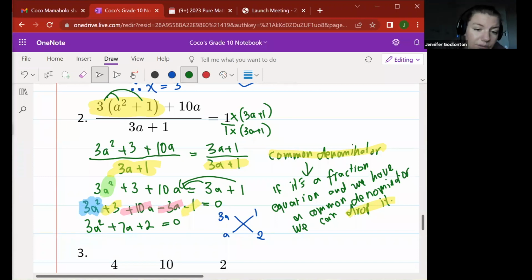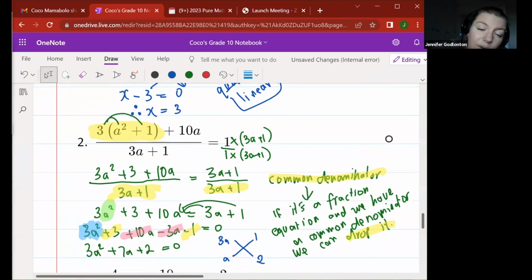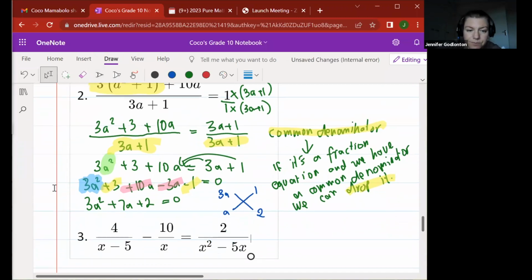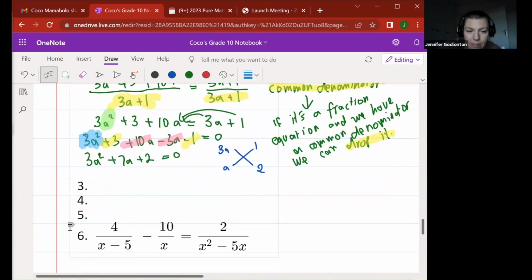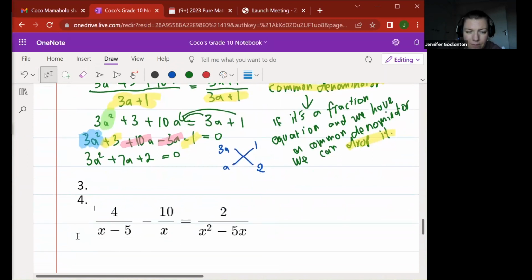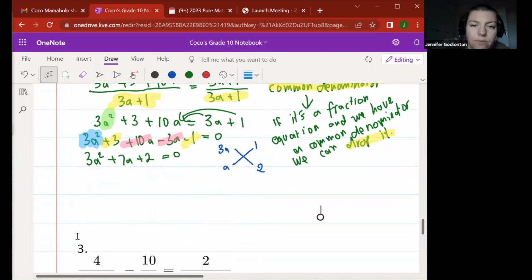So 3a. Let's see if I can move this a little bit. It is a big one.